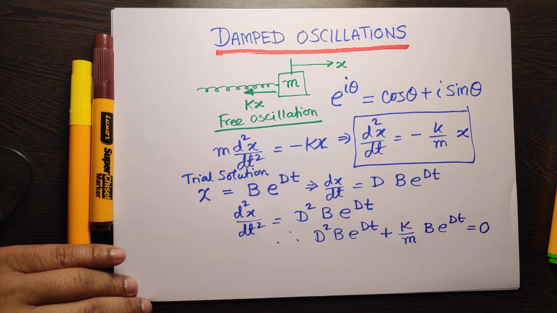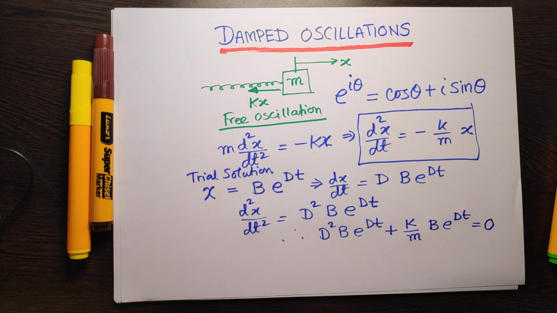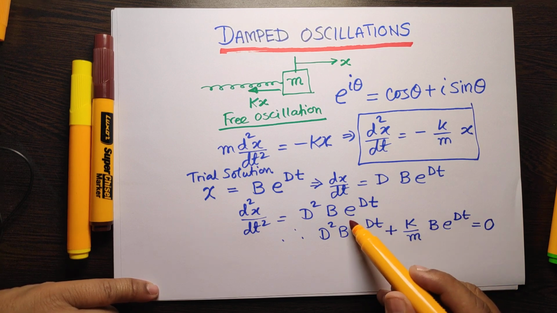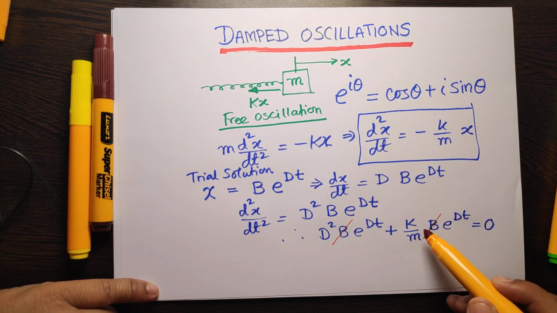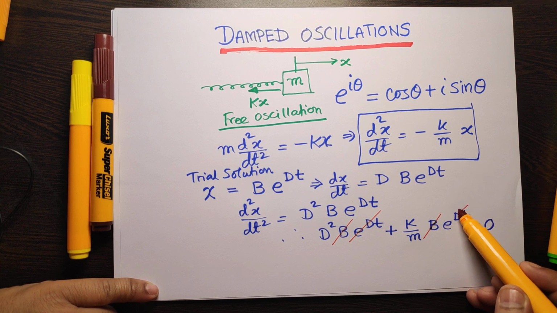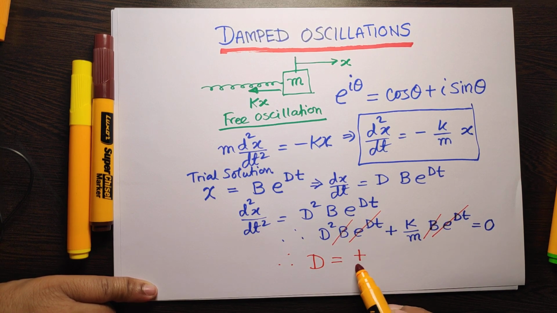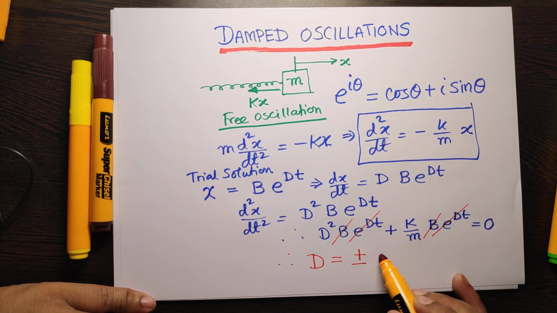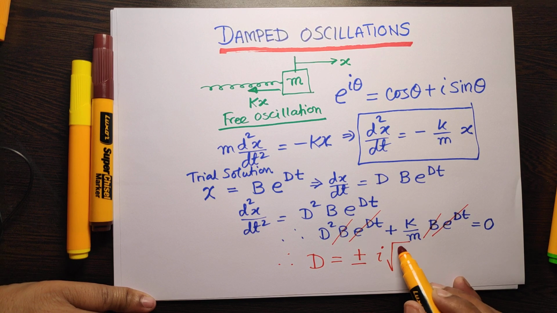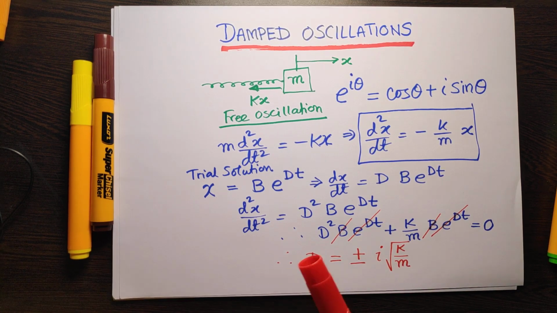Now this reduces to an algebraic equation where b e to the power dt cancels. So what is the solution for d? d square is a negative quantity, so d is plus minus i into root over k by m. So there are two solutions.